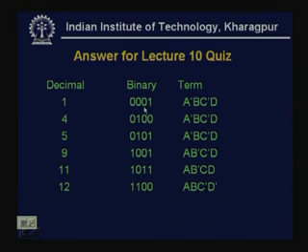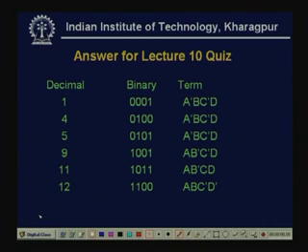So, 0001, that means for decimal value 1, it will be A dash, B dash, C dash D. Similarly, for 4, it will be A dash B, C dash D dash. For 5, it is A dash B, C dash D, 0101.